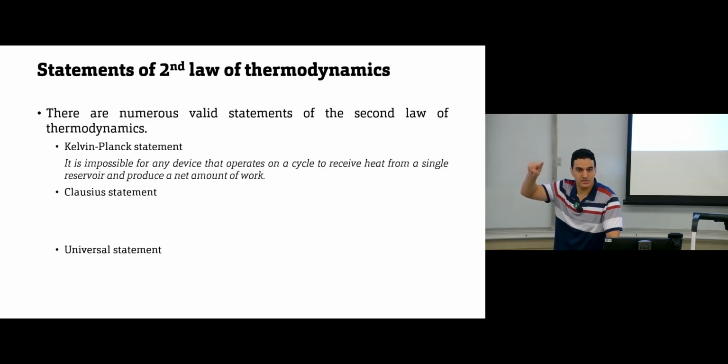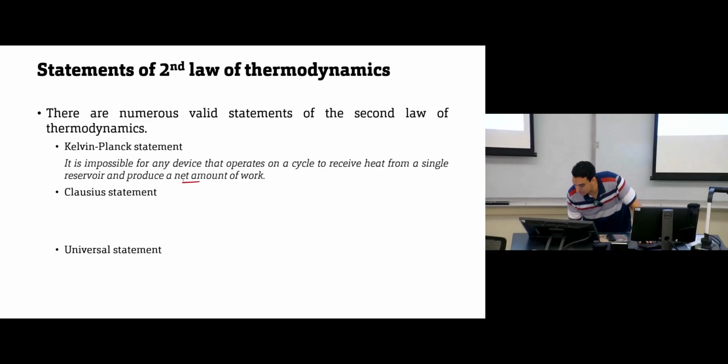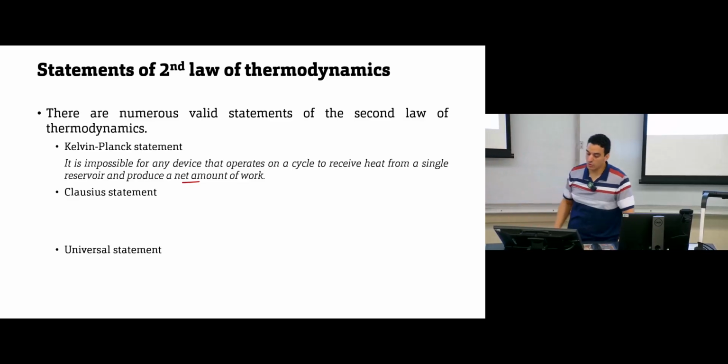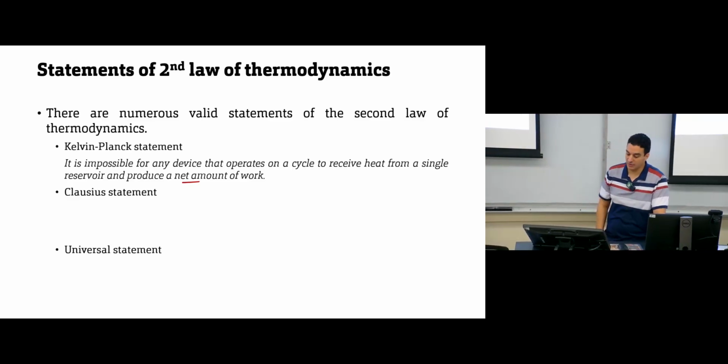Same. We return to the same initial condition. It's impossible for any device operating in a cycle to receive heat from a single reservoir and produce a net amount of work. So this is the statement of the second law according to the experiment that Kelvin and Planck did.